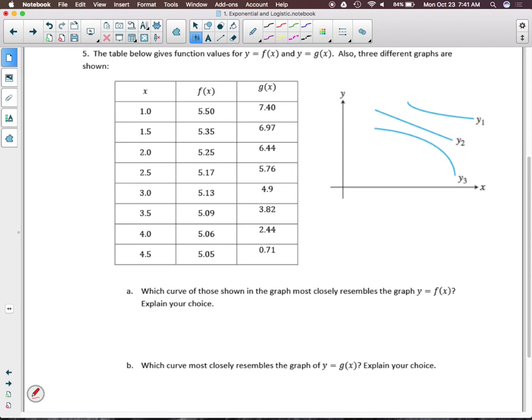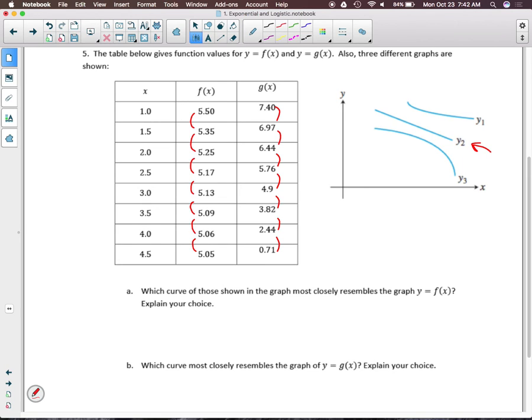So the first thing I'm going to look at here is kind of what the rate of change is going on between these things. So all my x values are going up by 0.5. So if my f of x or g of x values are going up by a constant rate each time, then they might be this y2 here, because that looks like it's a straight line, and straight lines have slopes that are consistent throughout their entire domain.